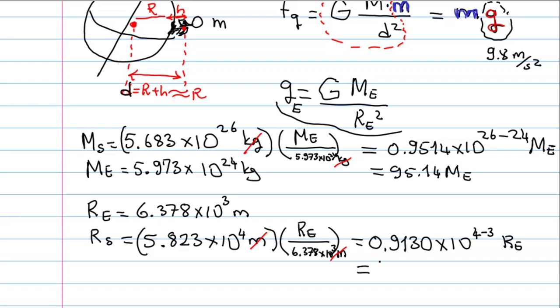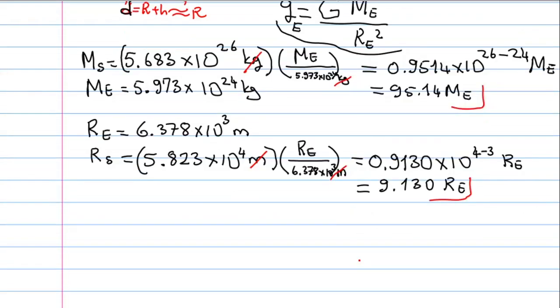That's 4 minus 1, hmm, so that means 9.130 radius of Earth. Now we have the relation between Earth's mass and radius and those of Saturn.